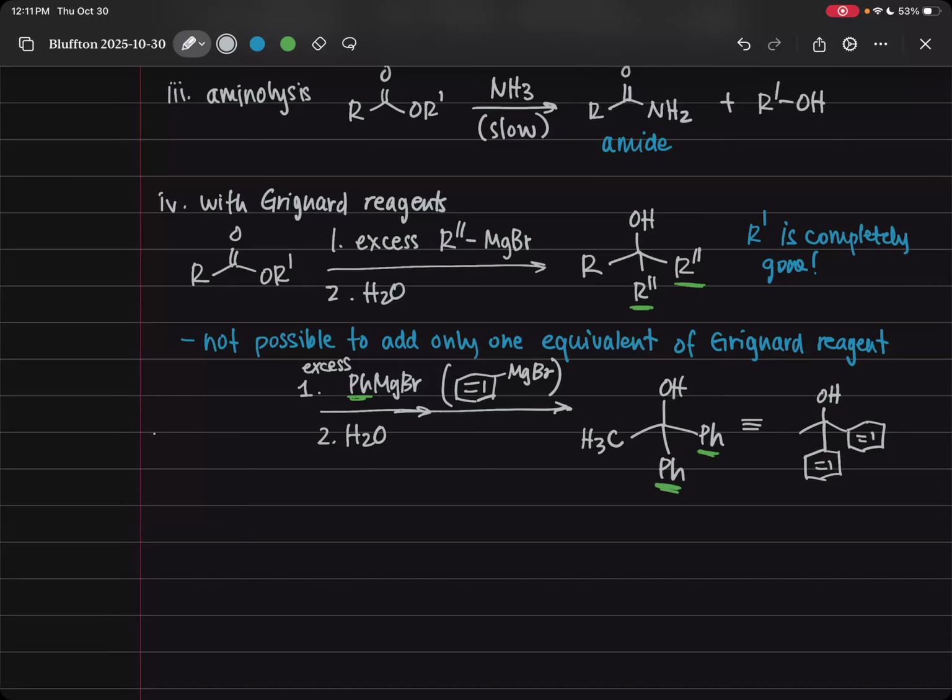So you could go as far as saying that we have an ester with a CH3 group on the carbonyl side, but on the oxygen, on the other side, that can really be any R group that you like. So I could have said, all right, let's do a tert-butyl group instead.